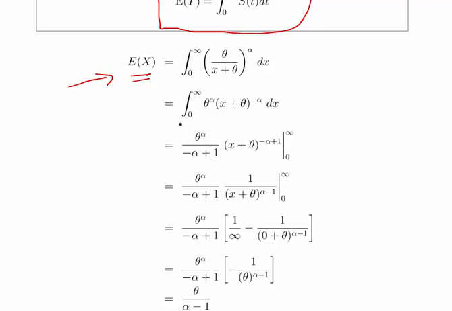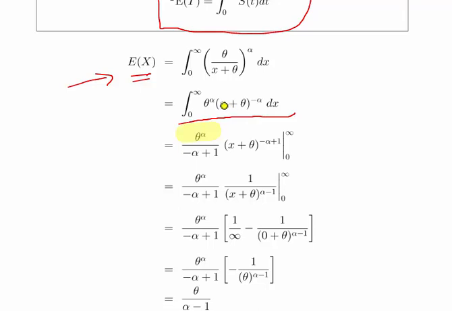What we can do there is rearrange that and make it two expressions: theta to the power of alpha times x plus theta to the power of minus alpha, dx. First off, theta to the power of alpha gets taken out.